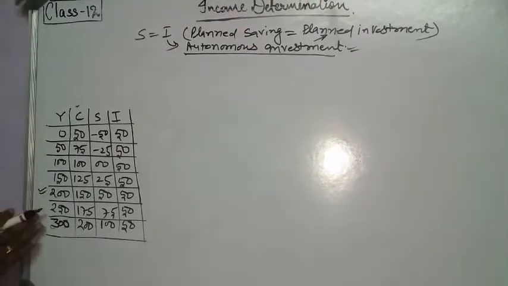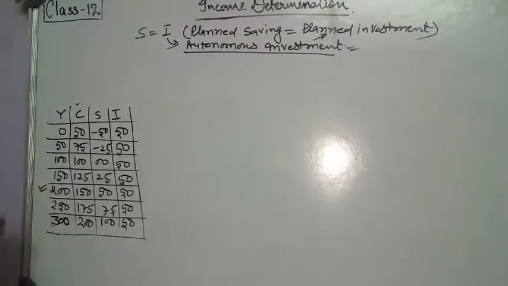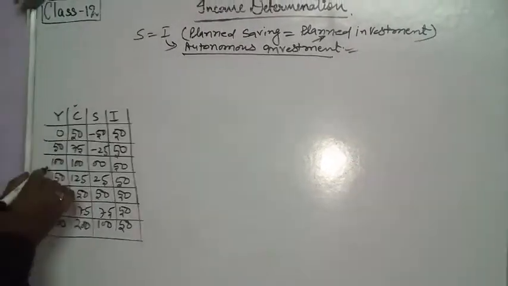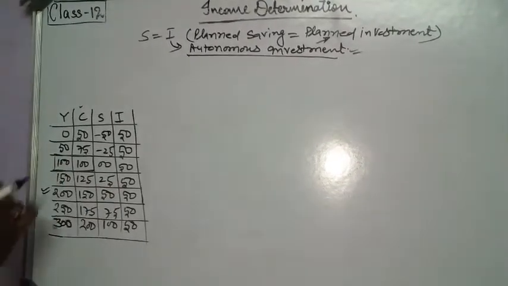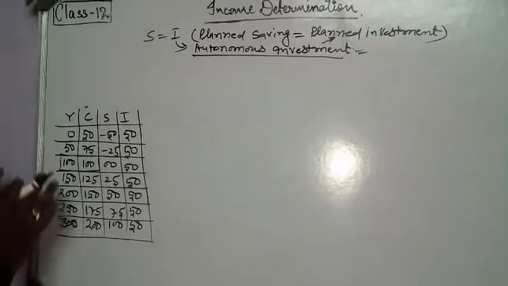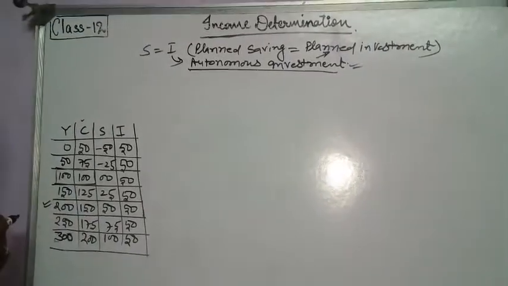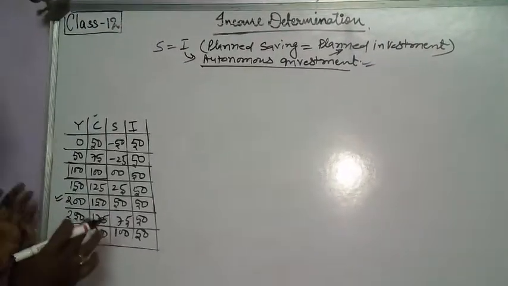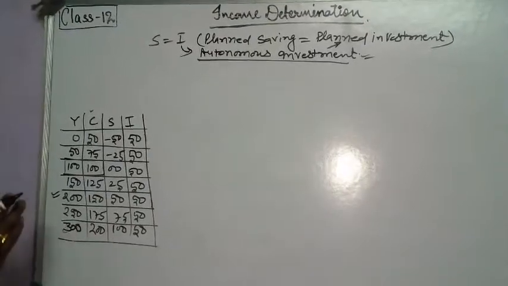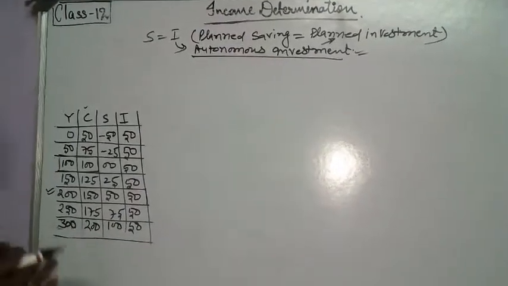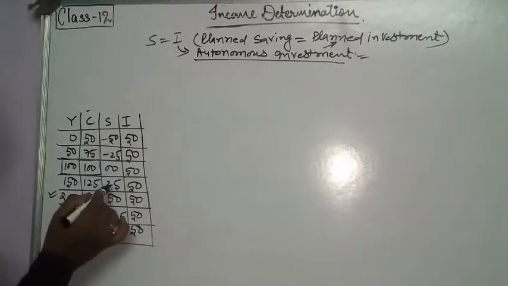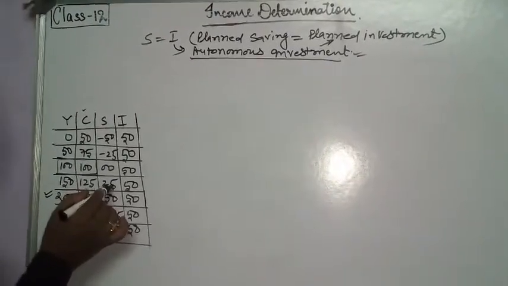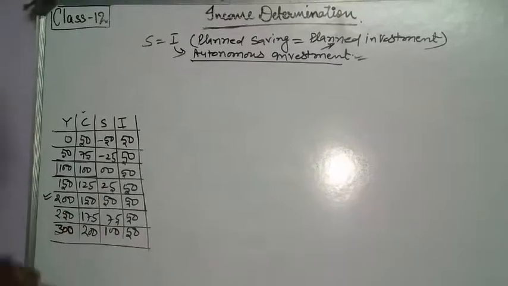As income increases, consumption also increases, but after the break-even point, all the consumers are not willing to spend their money as a whole. They also save that money for future plans. So here the saving becomes positive: 25, 50, 75 and 100.